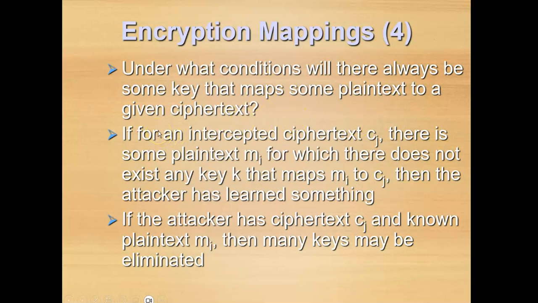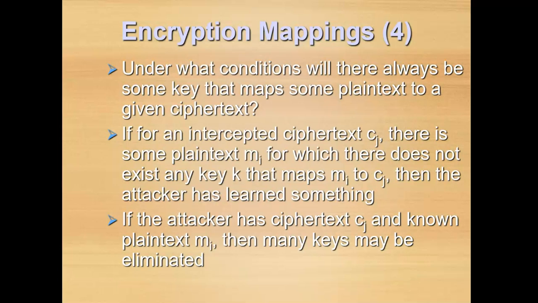If an intercepted ciphertext is used, then there is a possibility to have one plain text Mi that is not mapping to any one of the Cj given. So for a given set of ciphertext, if the message is not mapped to any one of them, then the attacker has learned that this is not the original plain text message.